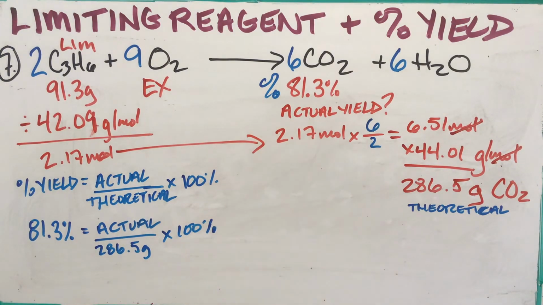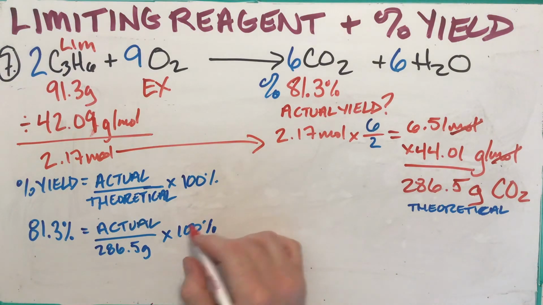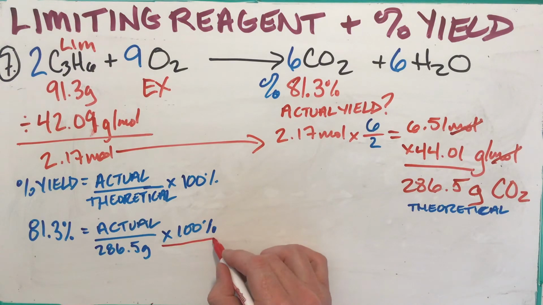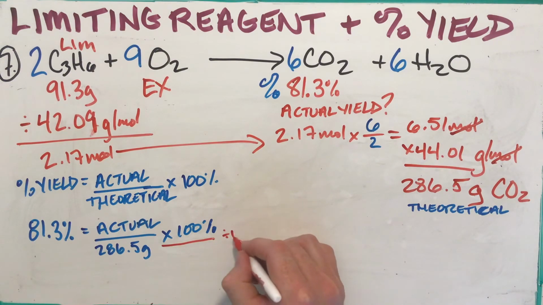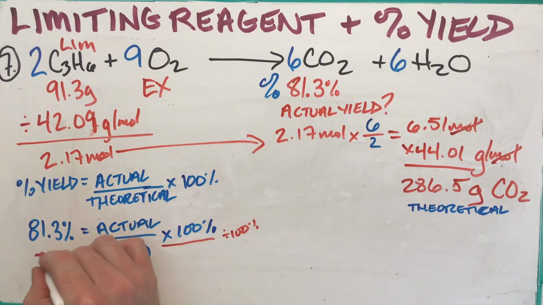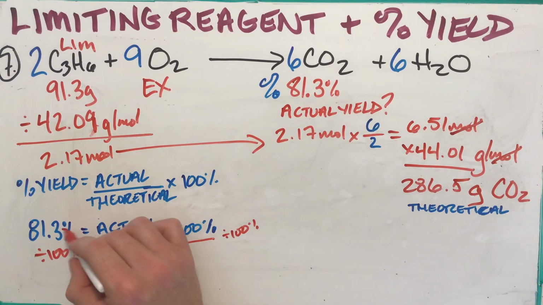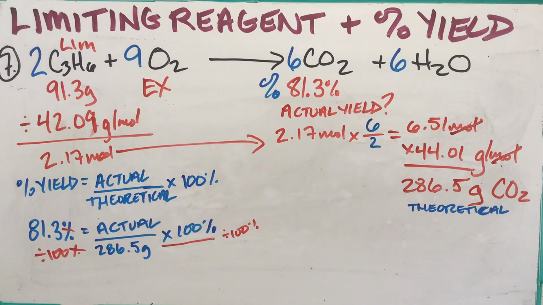All right, so what I'm going to do here is isolate my actual. First thing, I've got to multiply by 100%, so I'm going to divide both sides by 100%. When I do that, these percent signs will cancel out.